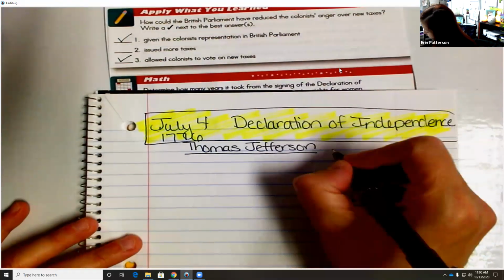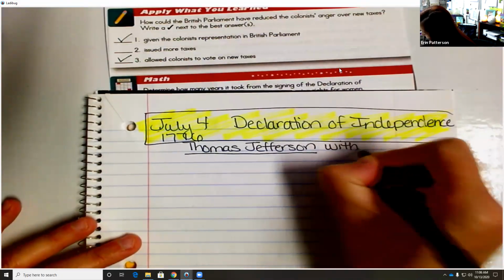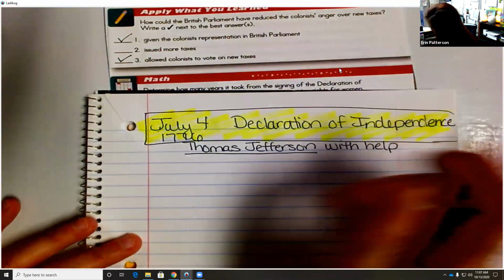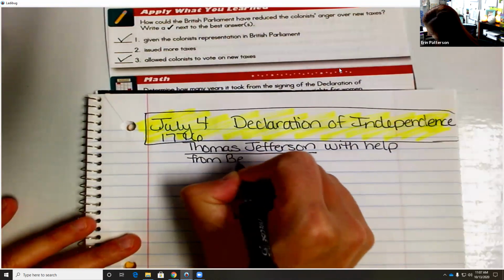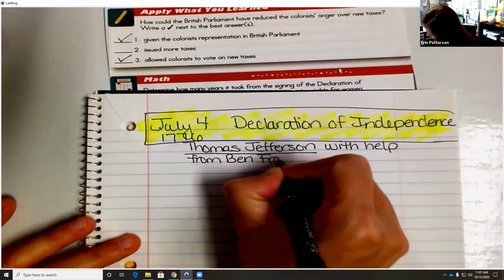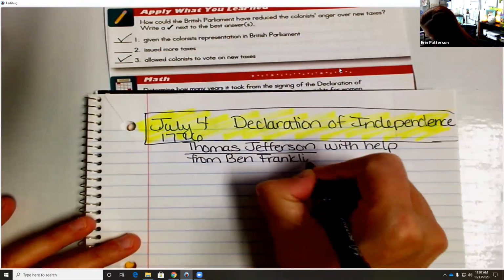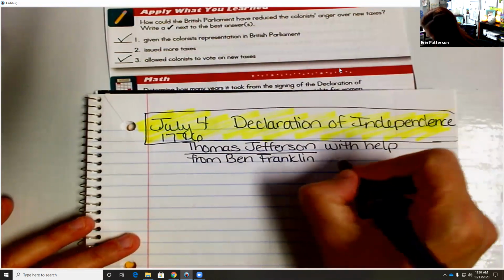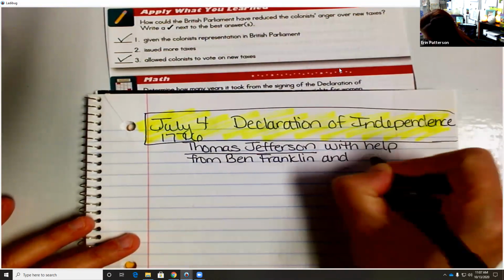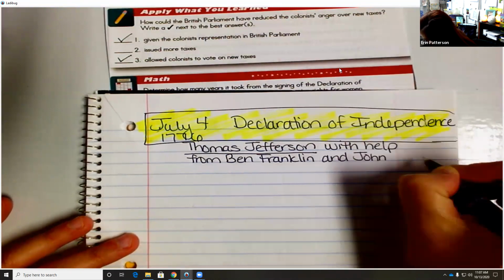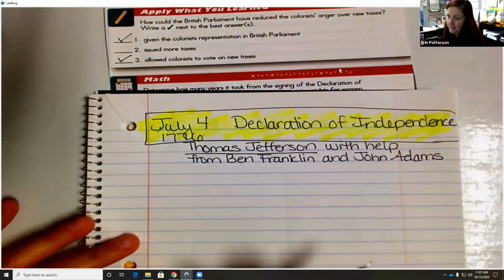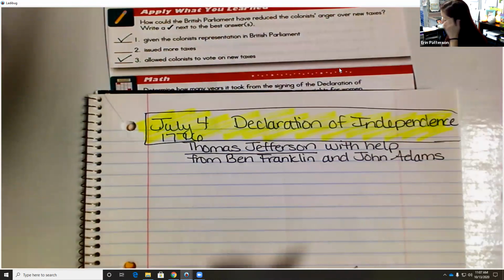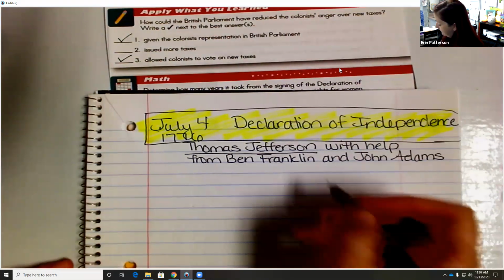Thomas Jefferson, with help from Ben Franklin and John Adams. There are those two guys again. They keep coming back around. That's why they are founding fathers.